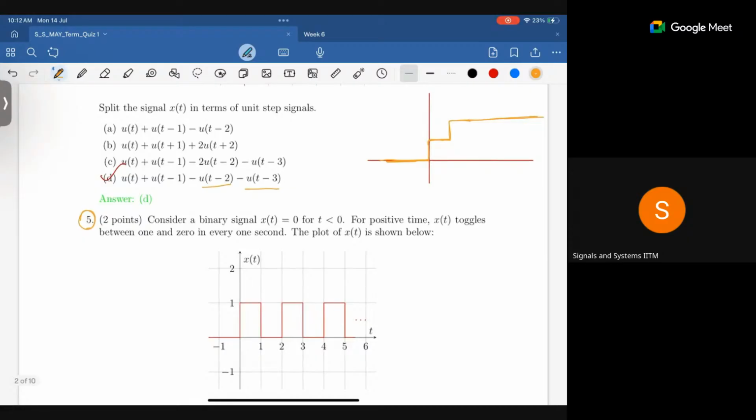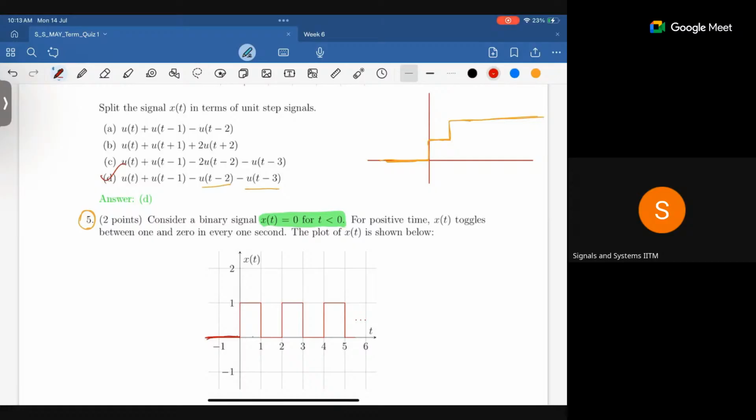Okay. So we are given a signal that is 0 for t less than 0. So x of t is 0 for t less than 0, so the left side is just 0. And on the right hand side, x of t toggles between 1 and 0 every 1 second.